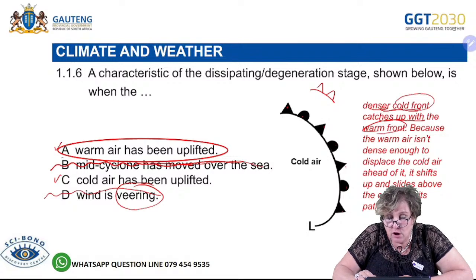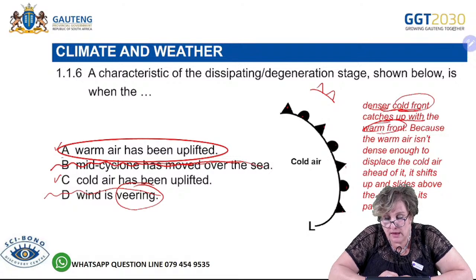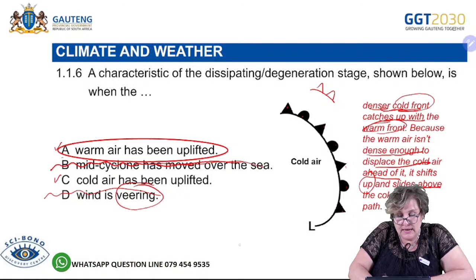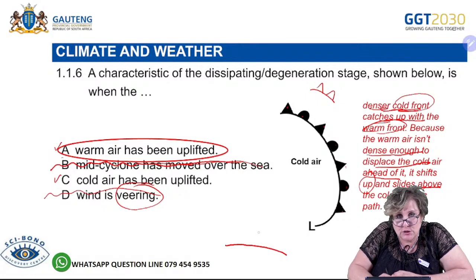So now my cold front has caught up with the warm air. Because the warm air isn't dense enough to displace the cold air, it shifts up and slides above the cold air. My cold air is heavy, so it sinks to the bottom, while warm air is lighter and rises.